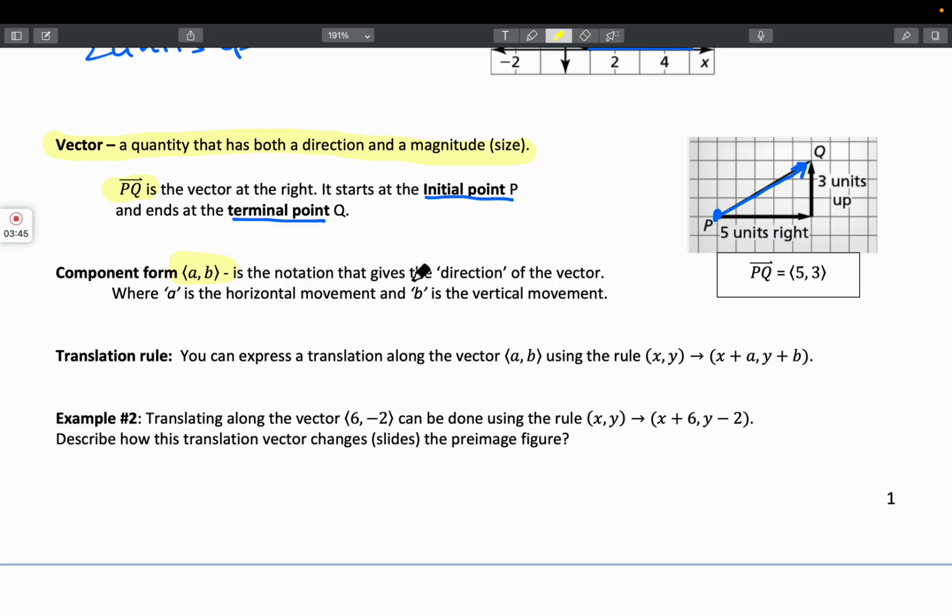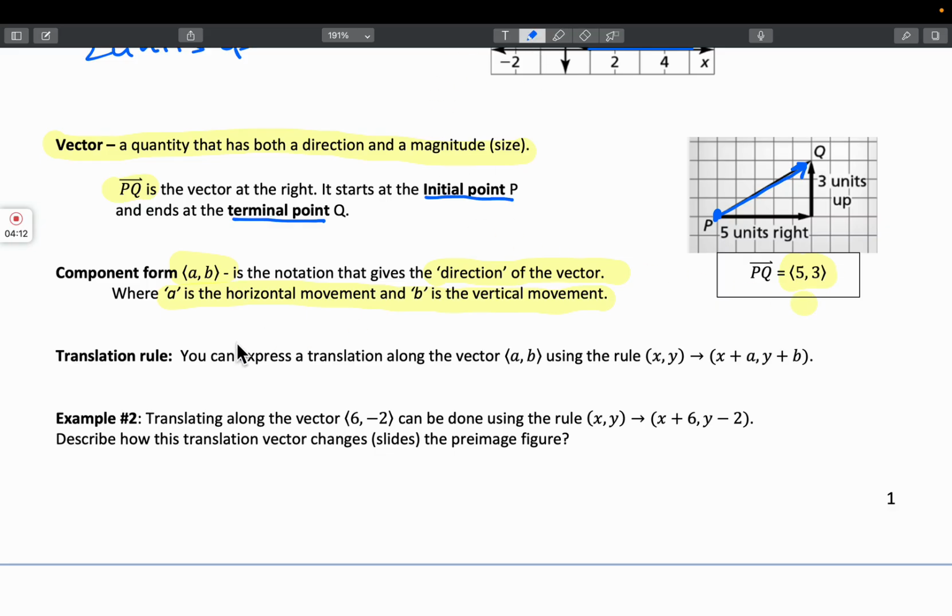This is the notation that gives the direction of the vector, where a is the horizontal movement and b is the vertical movement. So again, going back over here to our example, from the initial point to the terminal point, we move 5 units to the right and 3 units up. So our component form for this vector is <5, 3>, inside those sharp brackets.